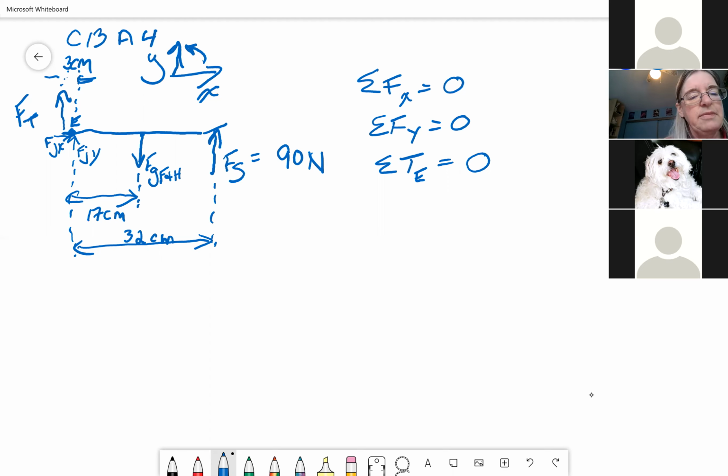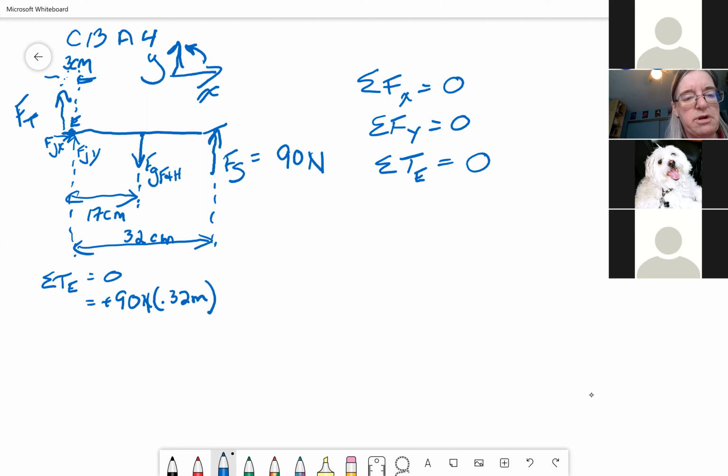So the sum of the torques around the elbow equals 0, which equals, we have the scale pushing up, so it's going to cause it to rotate counterclockwise. So it's going to be plus 90 newtons times 0.32 meters.